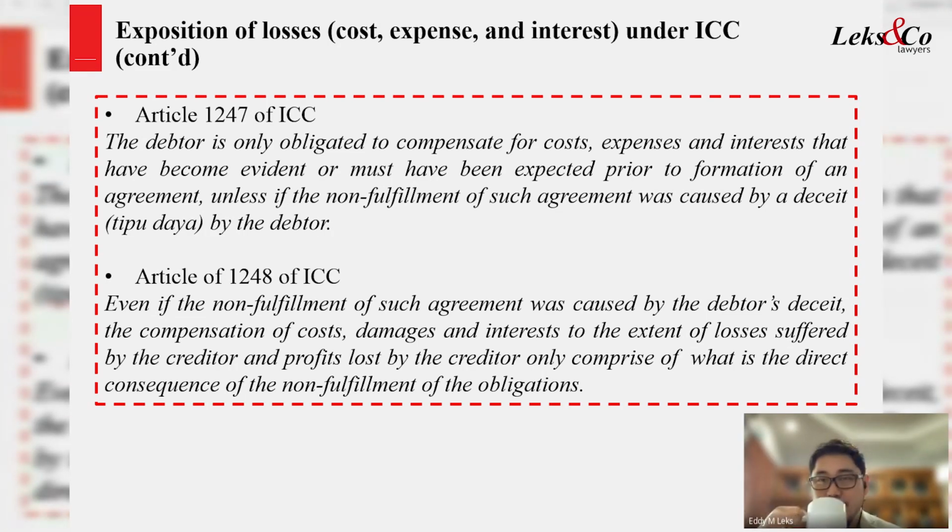Kecuali kalau ada penipuan. So these are the limits, ya. It has to be evident. Itu harus nyata, ya. Evident itu nyata maksudnya. Tidak bisa dikira-kira. It has to be evident or must have been foreseen. Jadi artinya harus bisa diperkirakan.